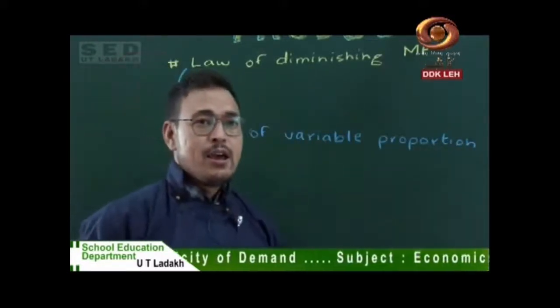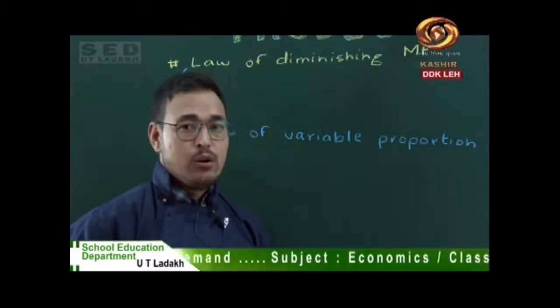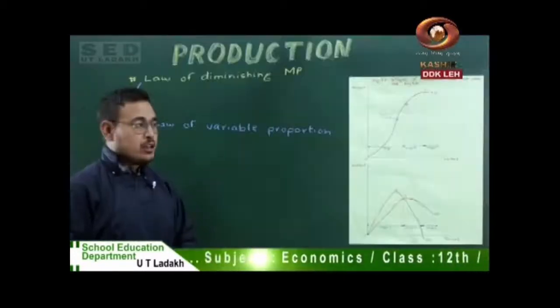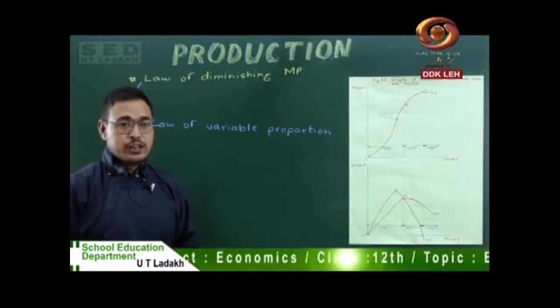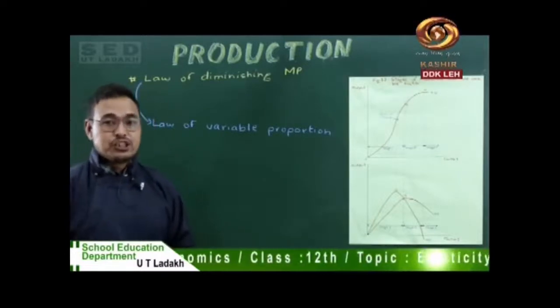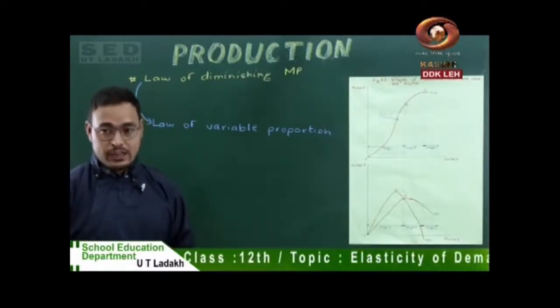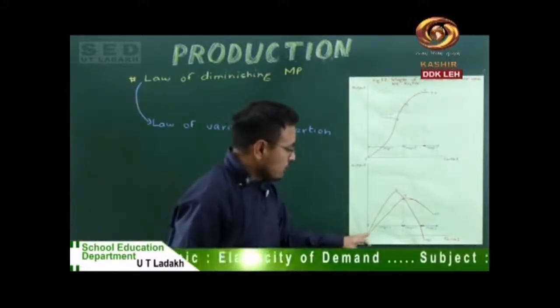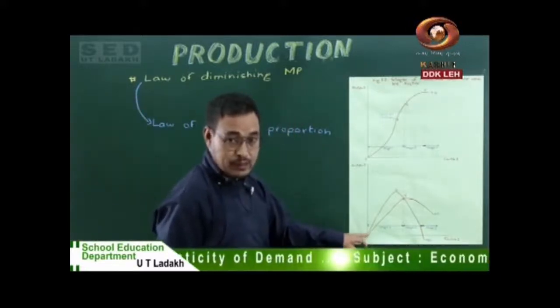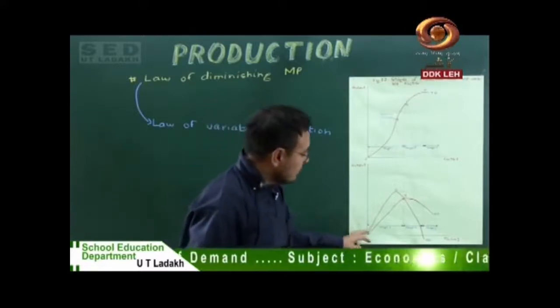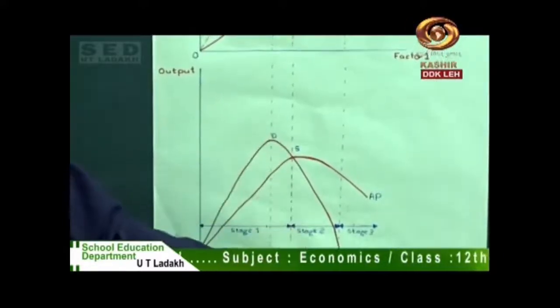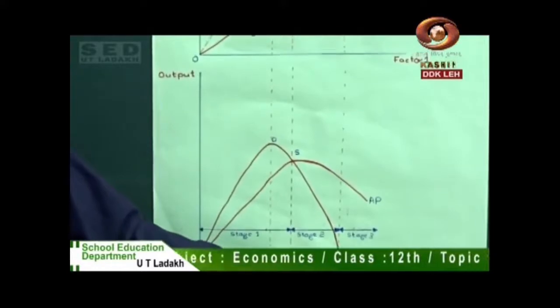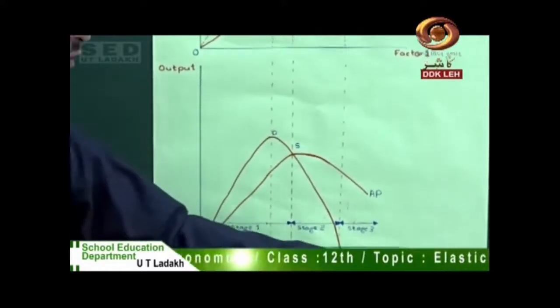As you increase the employment of the variable factor, keeping other factors constant, marginal productivity will eventually diminish. Here I am using this curve. This curve is the curve of MP, which is the marginal productivity of factor 1.